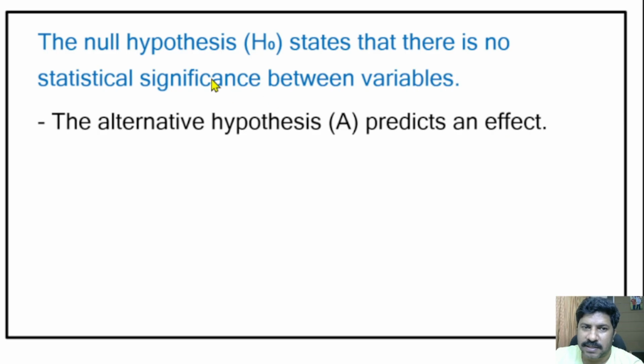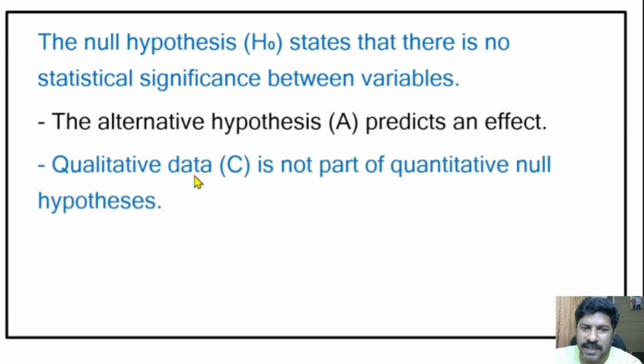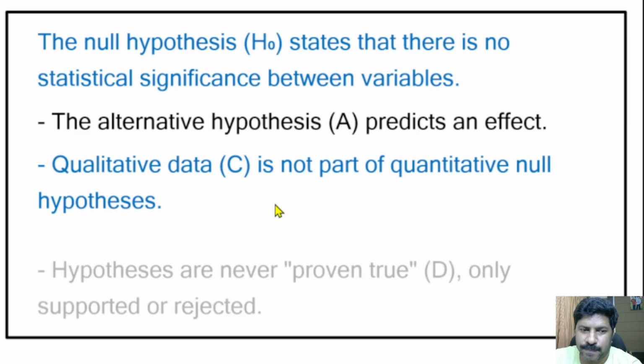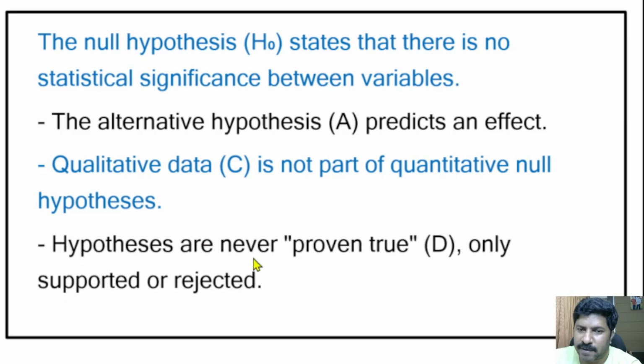So in the null hypothesis, no effect is seen, but in the case of the alternative hypothesis, there is an effect between variables. Qualitative data is not a part of a quantitative null hypothesis. Hypotheses are never proven true, only supported or rejected. Null hypothesis is represented by H0. Alternative hypothesis is represented by HA or H1.